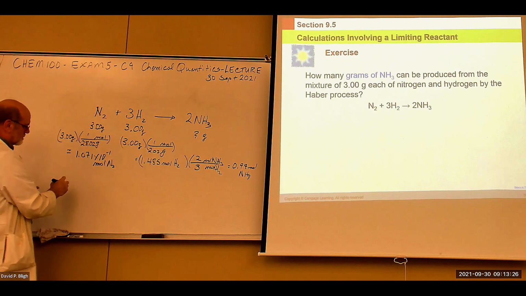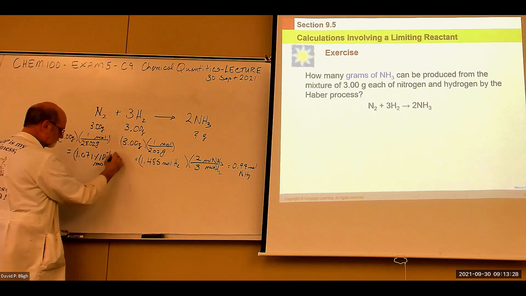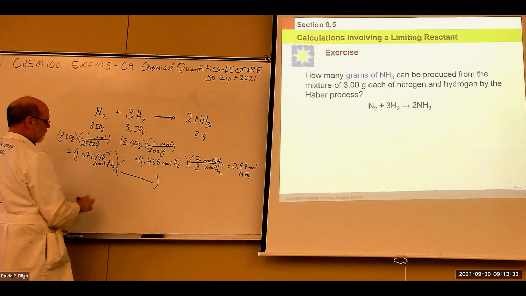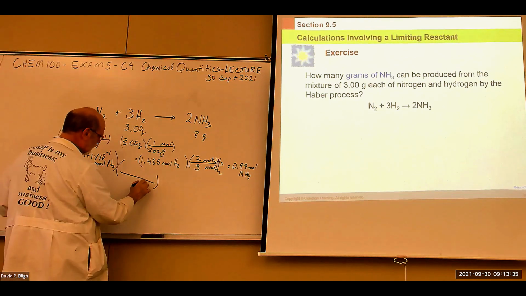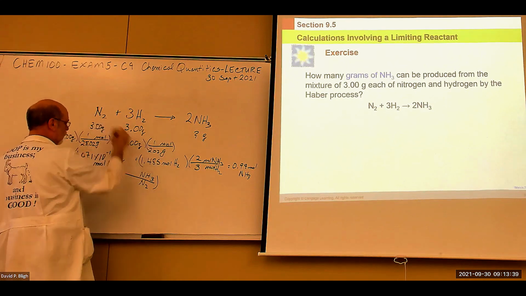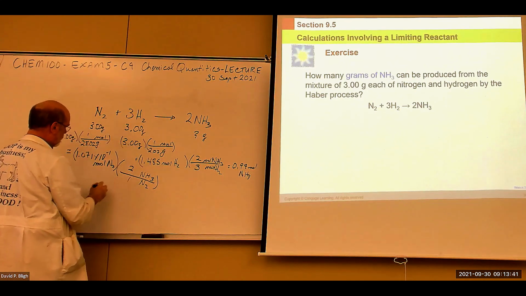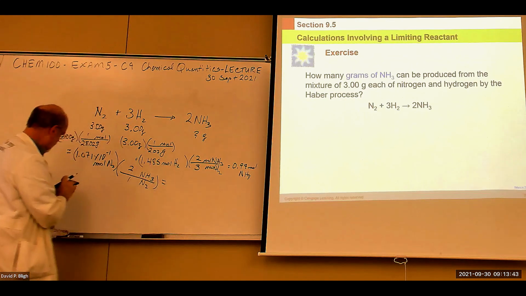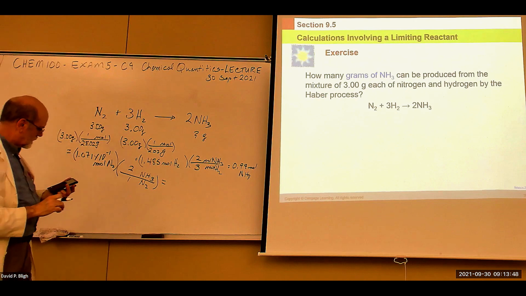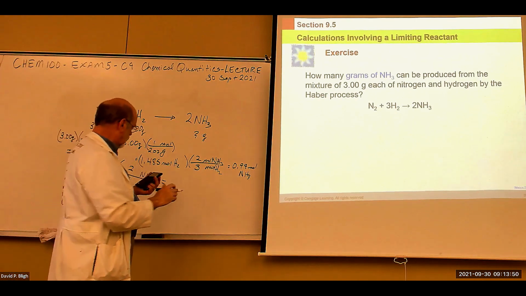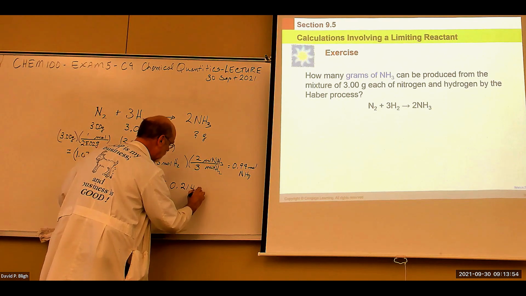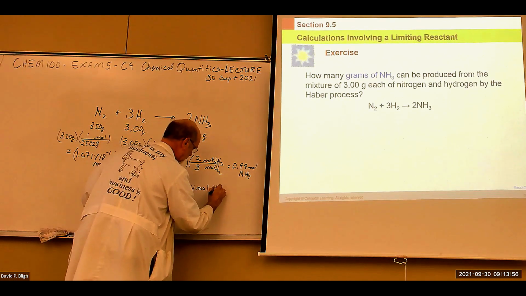From nitrogen, we say, convert that to ammonia. So we're going to get rid of nitrogen and leave us with ammonia. And the ratio is 2 to 1. 2 to 1. So 2 times that value is 0.214. 0.214 moles of ammonia.